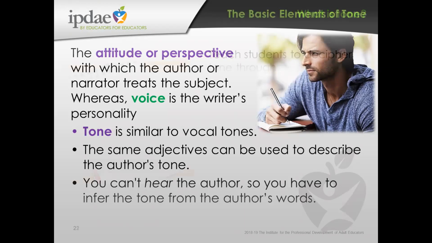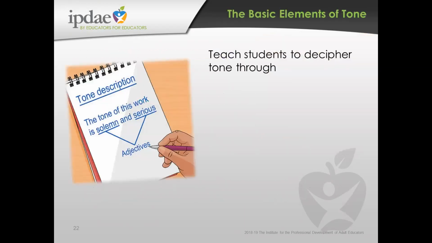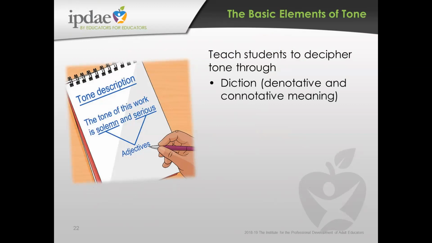So as we're teaching tone, there's a number of things that our students need to understand, especially at the higher levels, such as ABE 3 and 4, the higher levels of ESOL, and definitely at that GED prep level. Our students need to understand diction, whether it's a denotative or connotative meaning, more in just a moment.